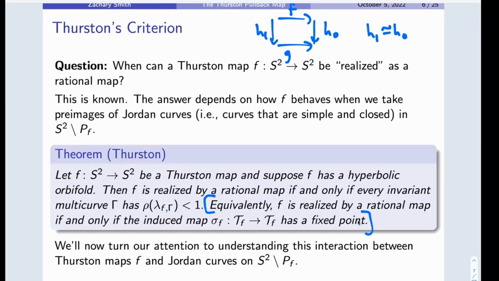And it turns out that at least when you have a hyperbolic orbifold and at least 3 postcritical points, you're going to be realized by a rational map exactly when this map on Teichmüller space has a fixed point. But that'll come later. Okay, so now I want to talk about what I alluded to at the beginning, which is what exactly happens when I look at preimages of curves of one of these Thurston maps.